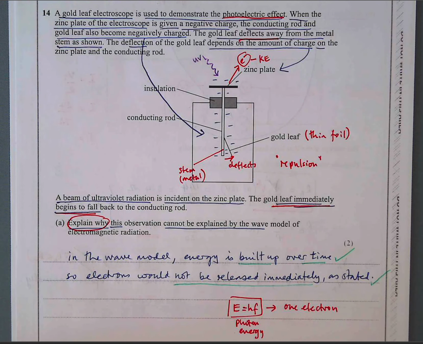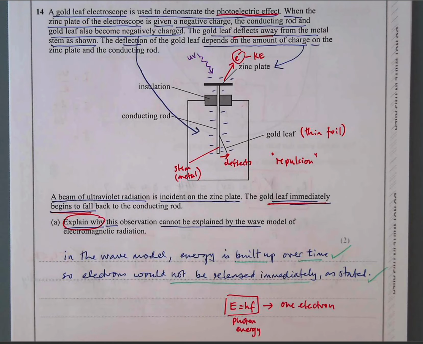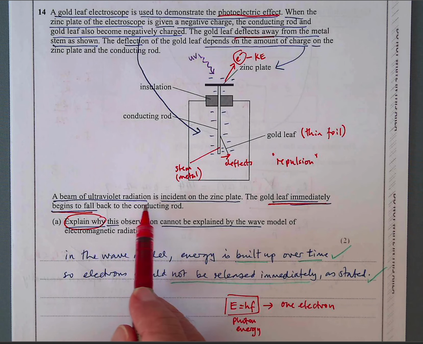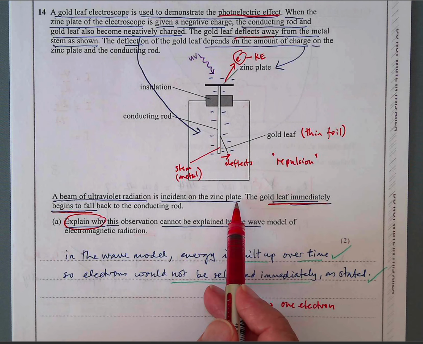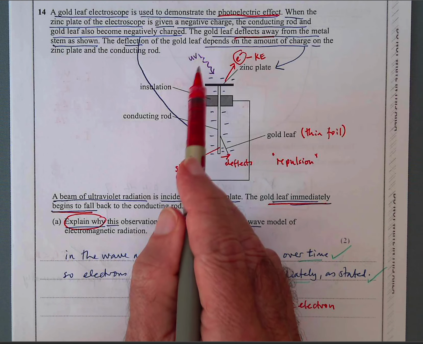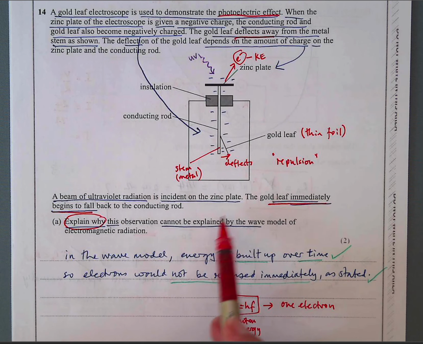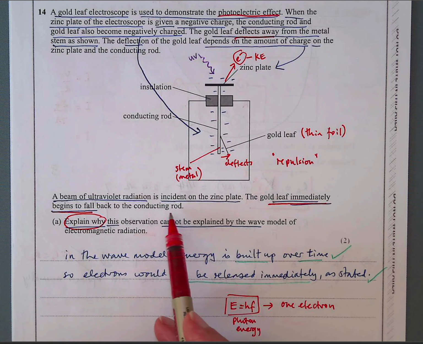So there is the scenario, and then it says a beam of ultraviolet radiation is incident on the zinc plate. I've represented the ultraviolet with a purple pen here, the photons coming in. The gold leaf immediately begins to fall back to the conducting rod.